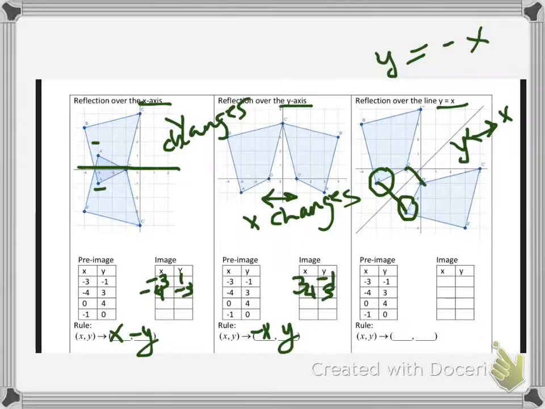And if you do that for all of the points, you see that x and y simply switch places. So -3, -1 goes to -1, -3. -4, 3 goes to 3, -4. So if you start with any x, y point, the new x coordinate will be the old y coordinate, and the new y coordinate will be the old x coordinate.